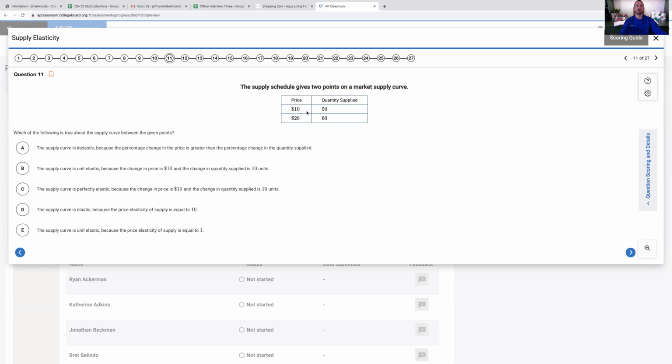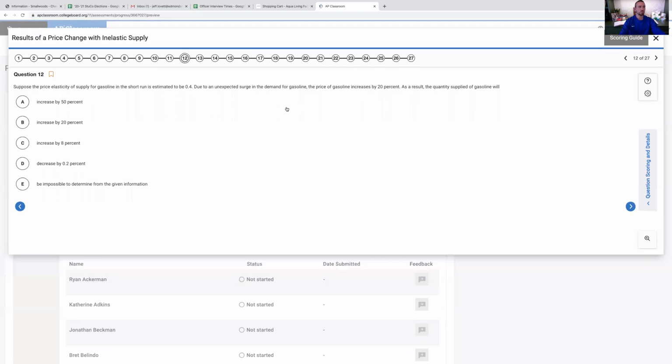So firms are insensitive to the price change because there's a smaller change in quantity than the change in price. Okay, number 12.